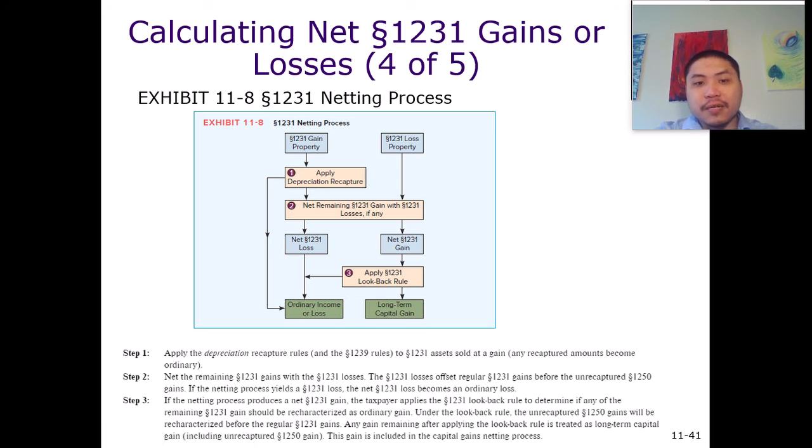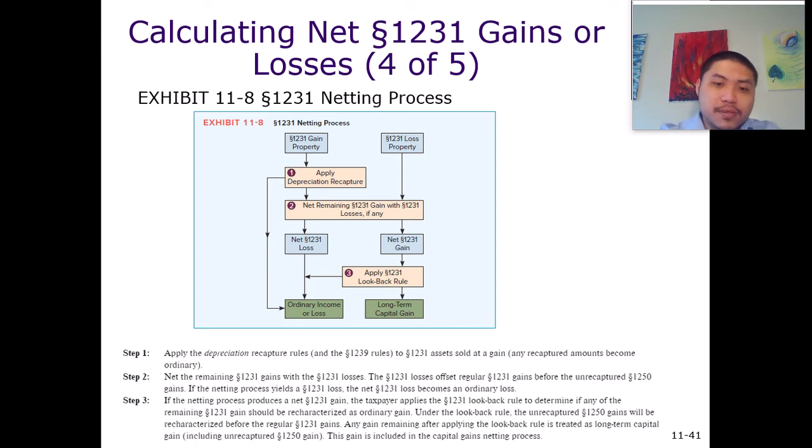And then after that we net the section 1231 gain and section 1231 losses here, right? If there's a net loss, then it's going to be treated as an ordinary loss. If it is a net gain, then in the third step we have to apply what is called the section 1231 look-back rule, and we're going to discuss it right at this moment. Then at the end, whatever is leftover after this final step is going to be the long-term capital gain, right?